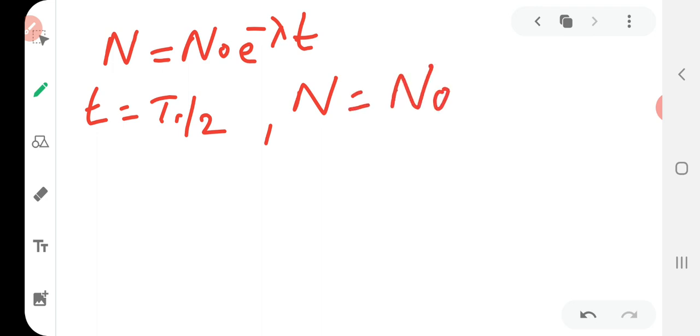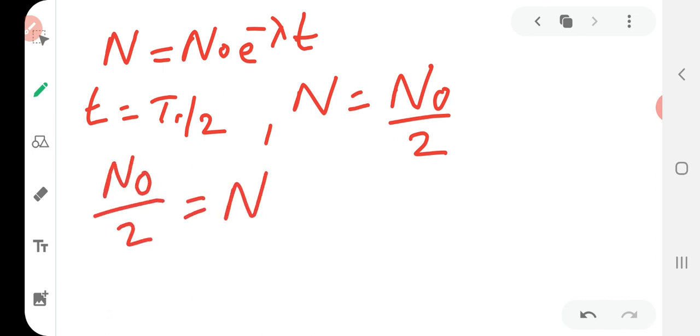That is, n becomes n0 by 2. So substituting this condition in the equation, we get n0 by 2 is equal to n0 e raised to minus lambda, instead of t, we have to write t half, because at t half, n becomes n0 by 2.